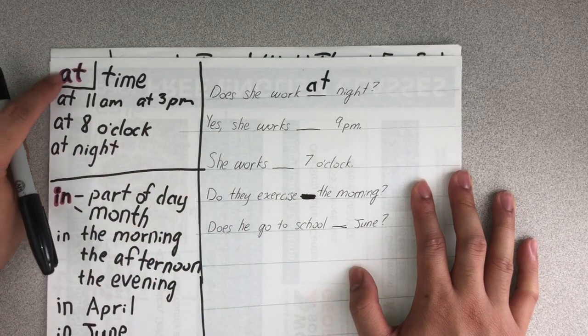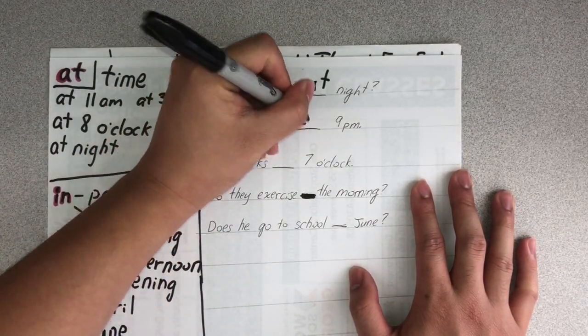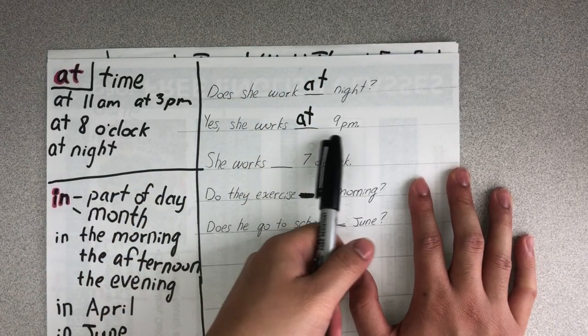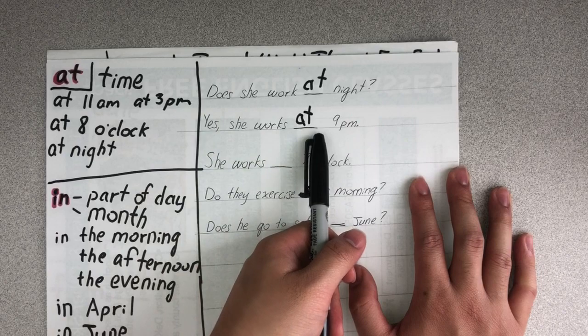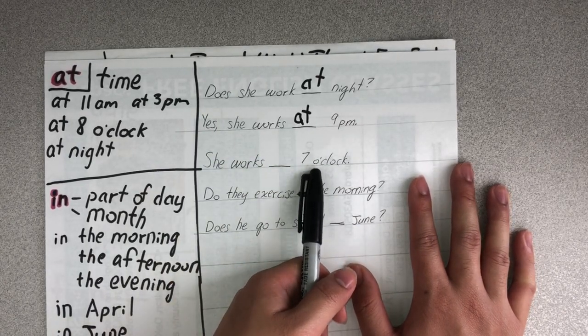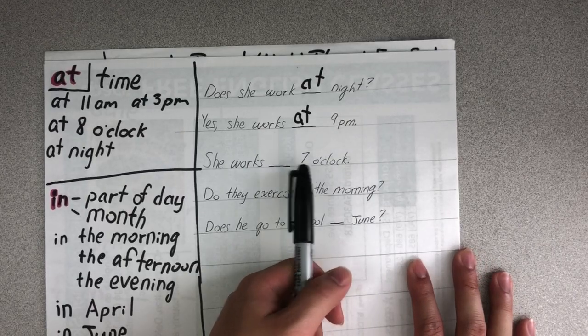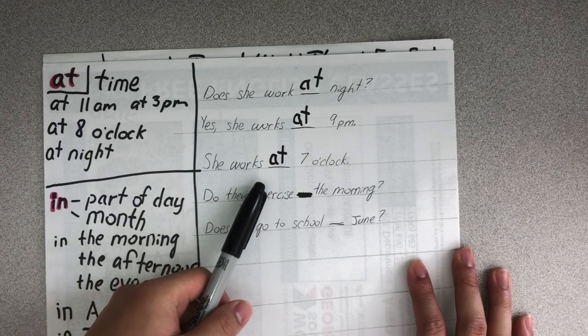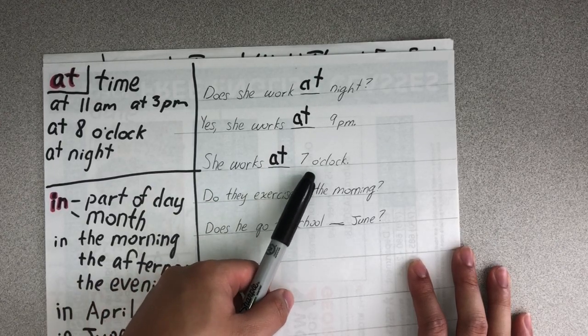If it's a number, we use at. Does she work at 9 p.m.? Yes, she works at 9 p.m. Again, time with a number. So we say at. She works at 7 o'clock.